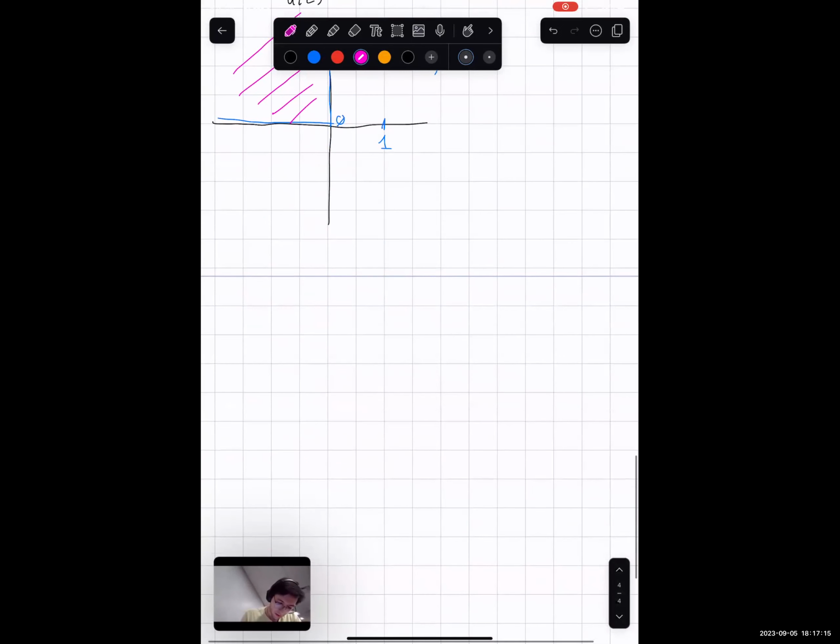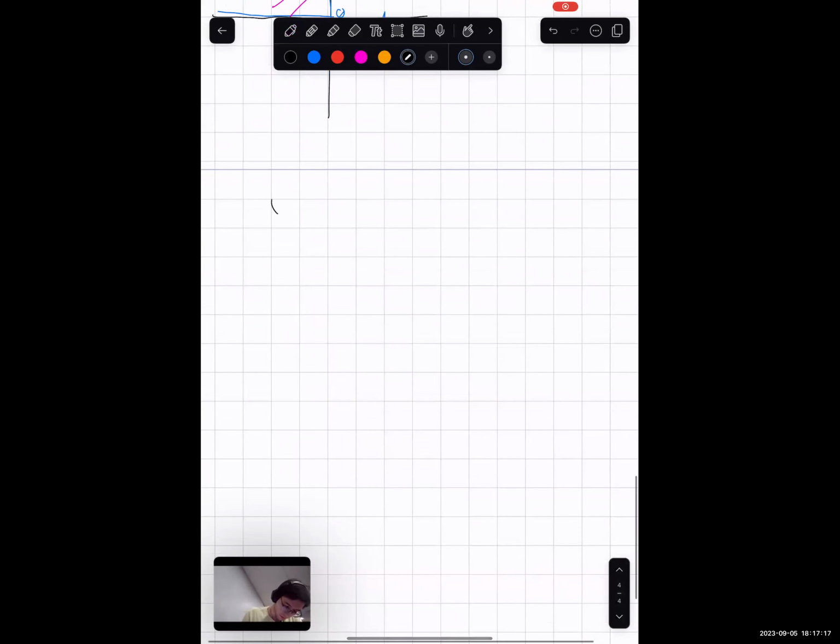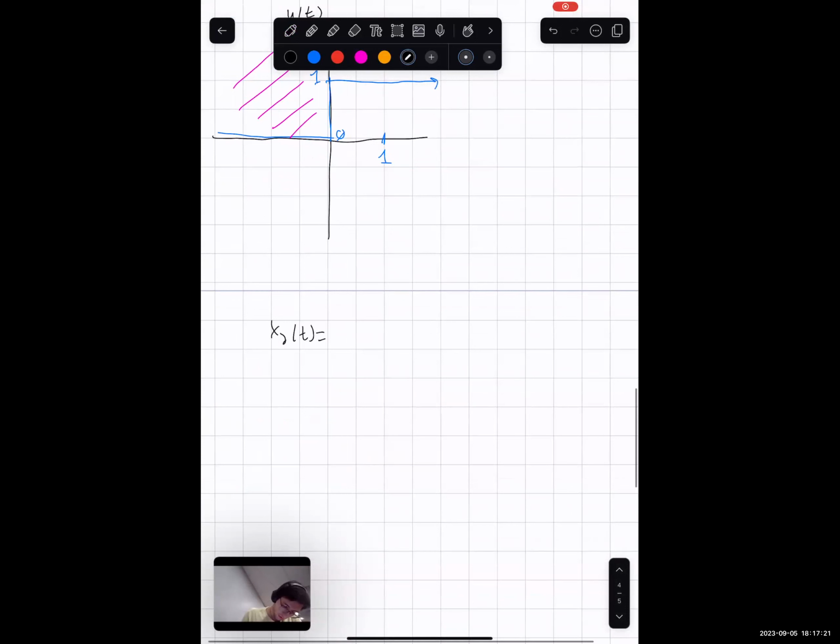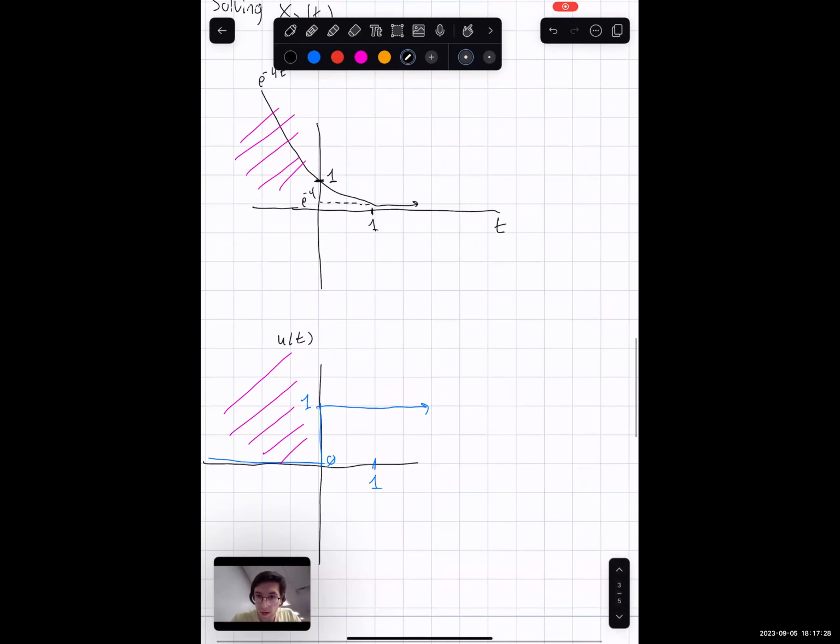So now multiplying that, we get x2 of t. And how is it going to look to the right side of t equals 0? Do we have any guesses?